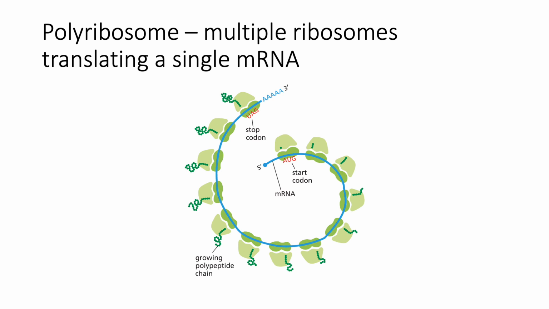And then all the way at the other end by the poly A tail, it's hitting the stop codon, and they're representing that that's the end because the peptide that's coming out is much longer. That's the green. And as one comes off, it moves down the line, and another one can come on. It just depends on how much protein the cell needs. So those are referred to as polyribosomes, multiple ribosomes translating a single message.